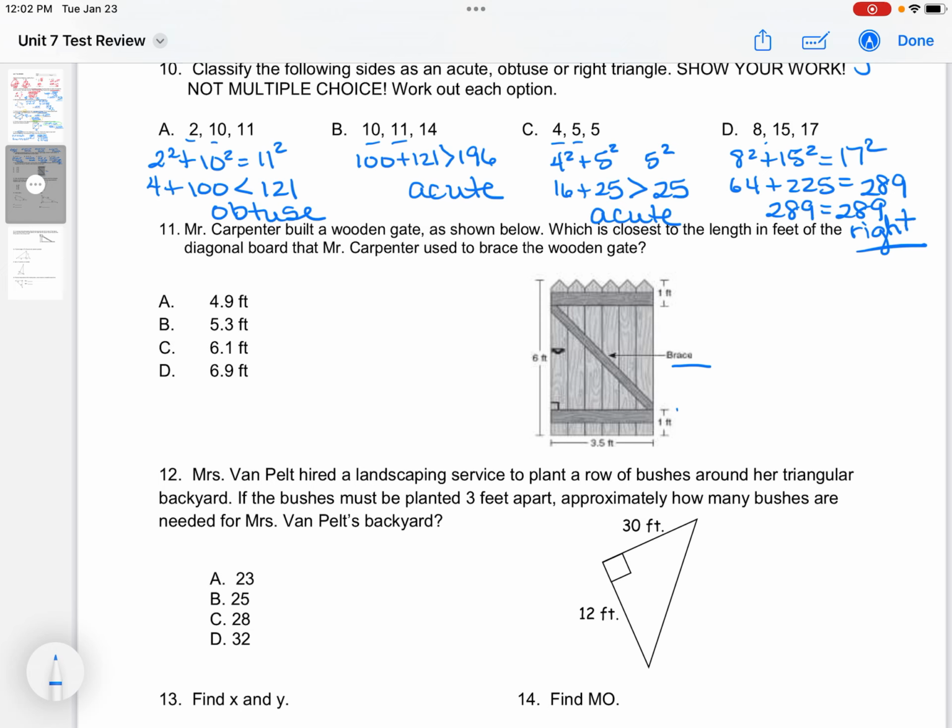So I'm going to assume that this is 4 and this is 3.5. So I'm going to do 3.5 squared plus 4 squared equals 28.25, and then I'm going to square root.